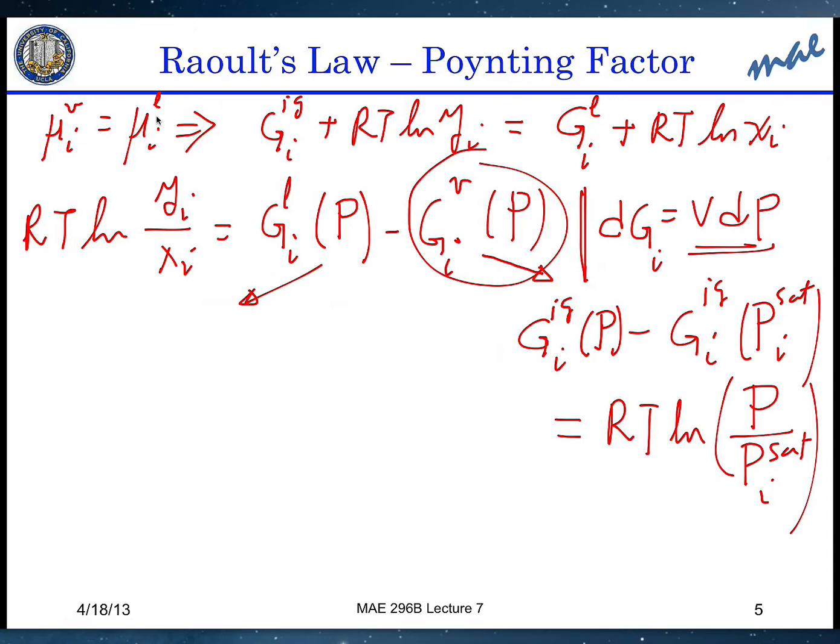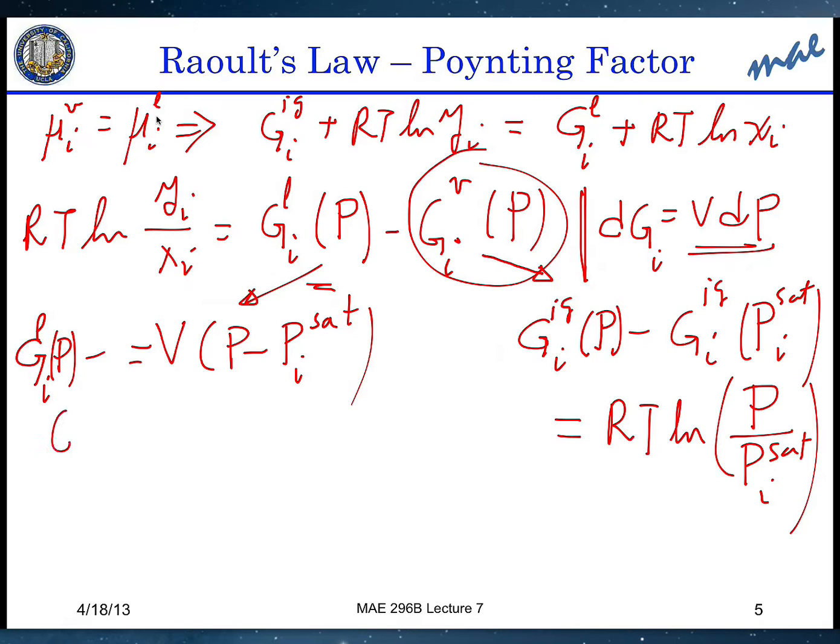So on the left side, if I do the integration, I get V times P minus Pi sat, because I am holding the volume to be a constant, and this should be the difference between Gi of the liquid at P minus Gi of the liquid at P sat.